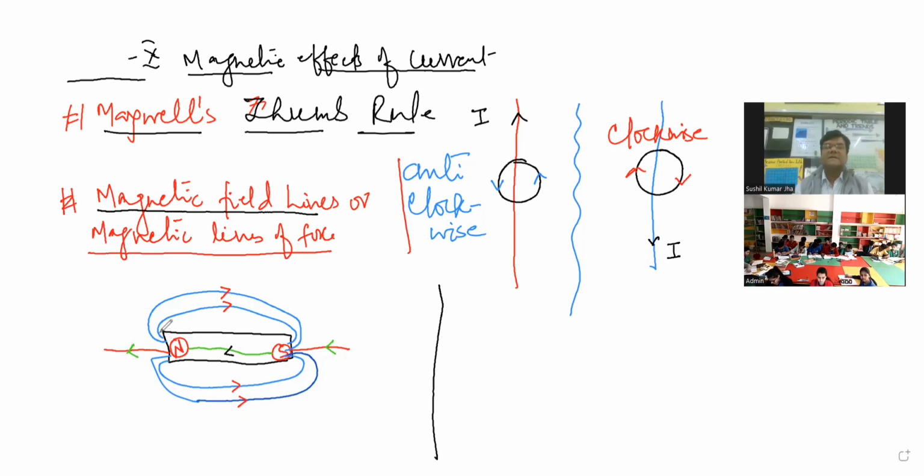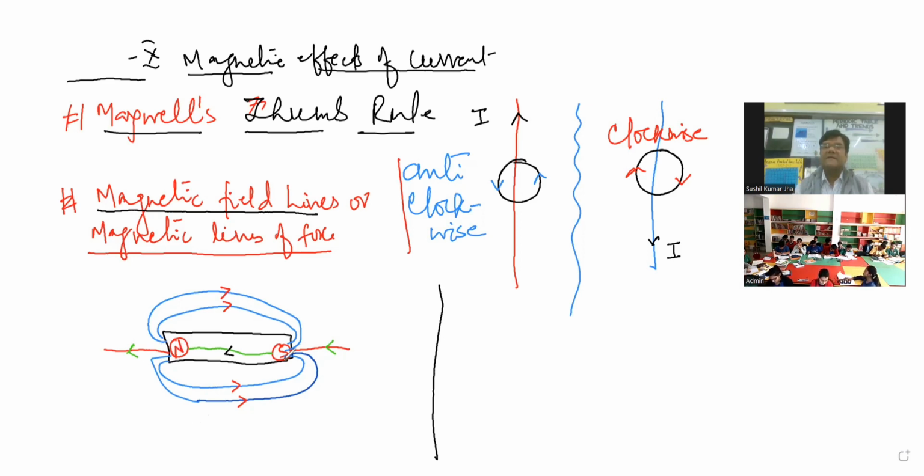Point number one: these lines must not touch each other. Point number two: outside the magnet, it moves from north pole towards south pole. Inside the magnet, it moves from south pole to north pole.